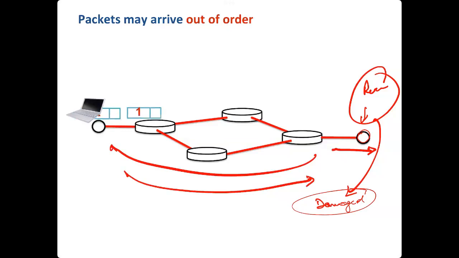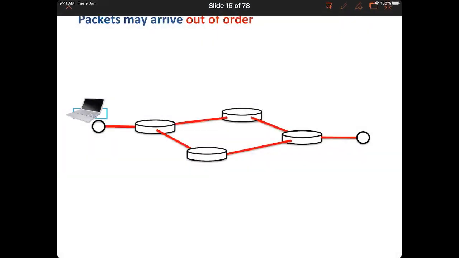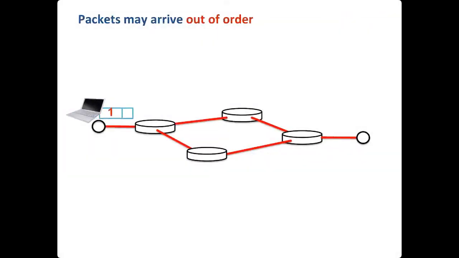Now, the second thing that happens is that packets may arrive out of order. So here the first packet is sent first, then the second packet. This is the packet generated, and this was a damaged part.